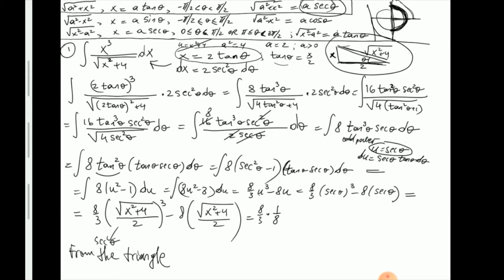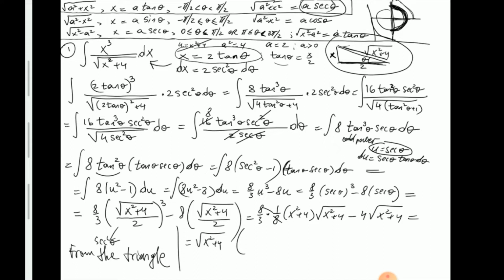And this radical to the power 3, you can take radical to the power 2, which is just x squared plus 4, times the remaining radical. And 8 over 3 is 4. Simplify this. Then you can pull the radical. This is just algebra, by the way, which is optional. I should point out, this is all optional, but just to see how it looks.